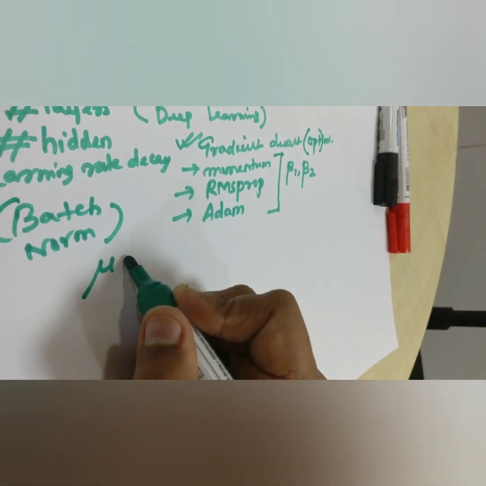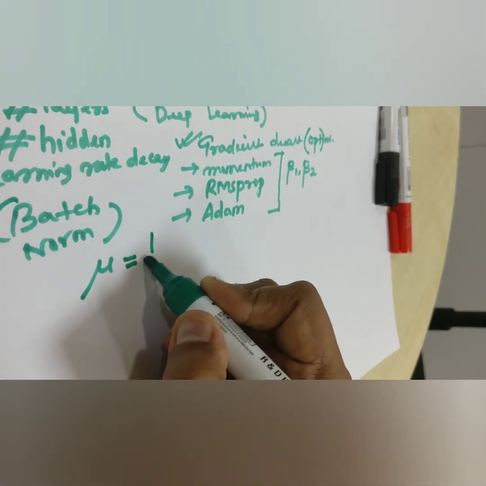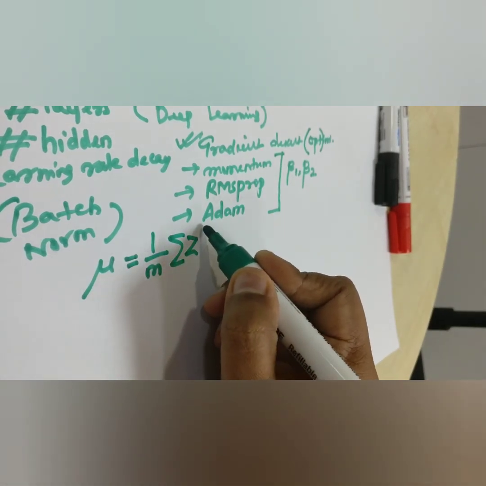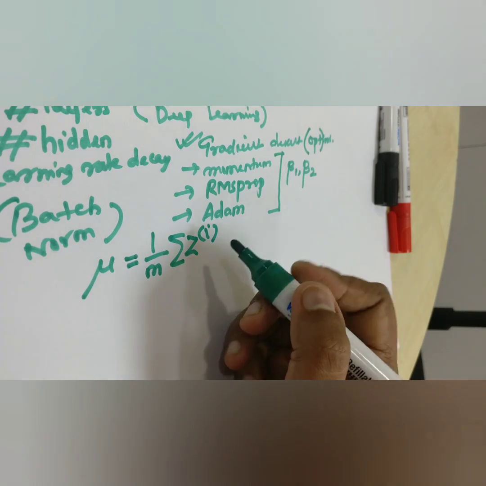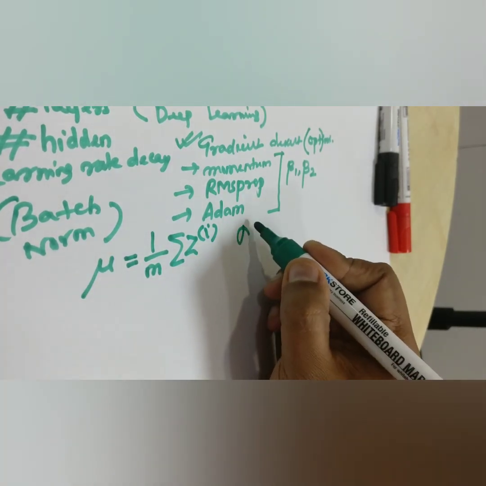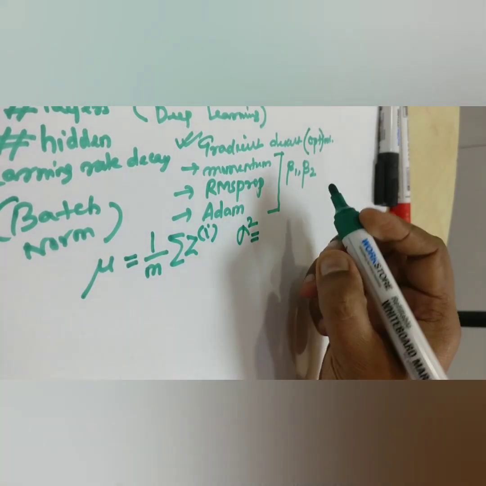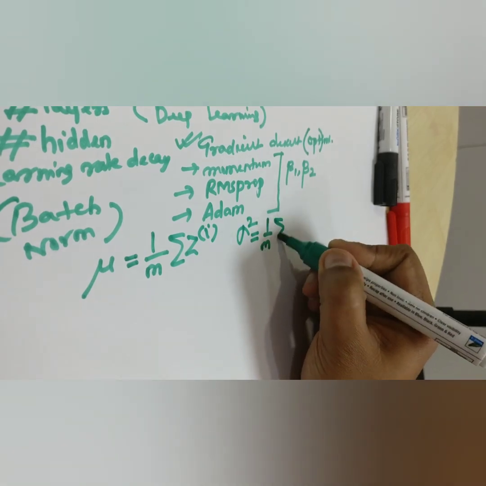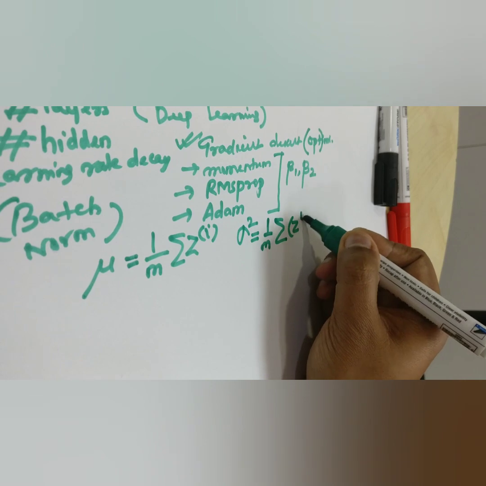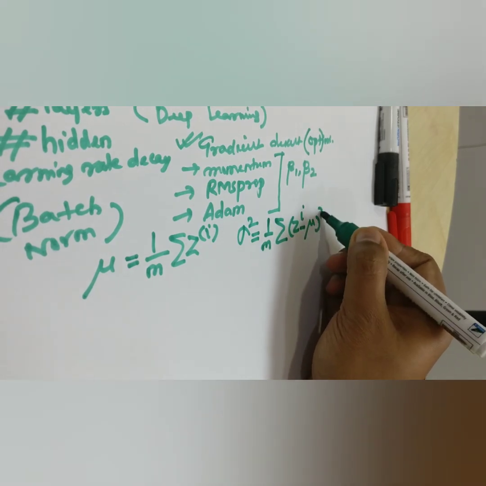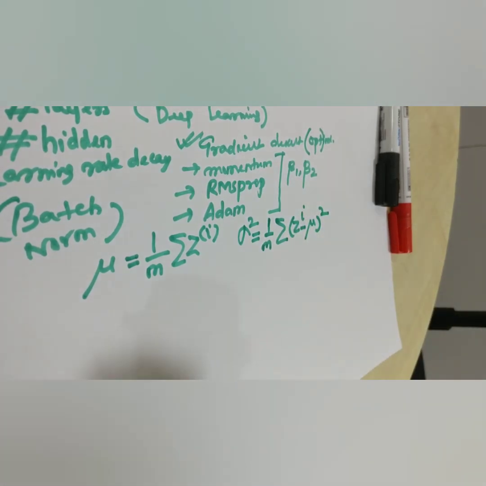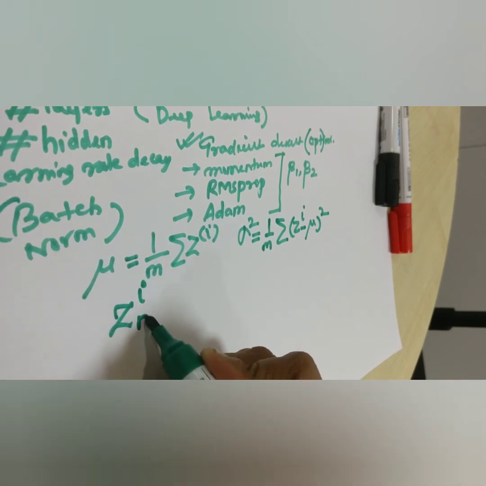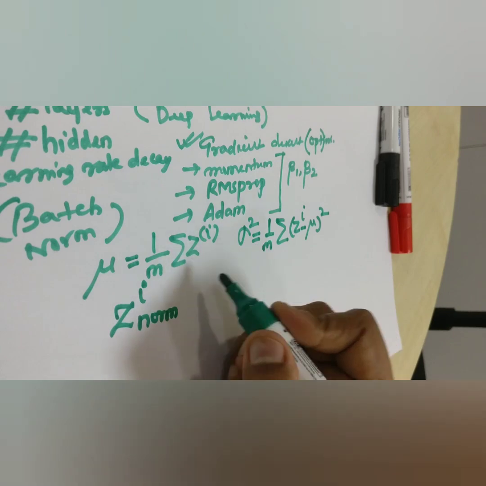You must have seen the formula where 1 over the number of training examples, sum of z of i, is the mean. And you must have seen the variance, which is again 1 over m, times the sum of z i minus mu, whole square. These are very simple statistical formulas. And here comes the batch normalization formula, and the interview question is more about this particular term.